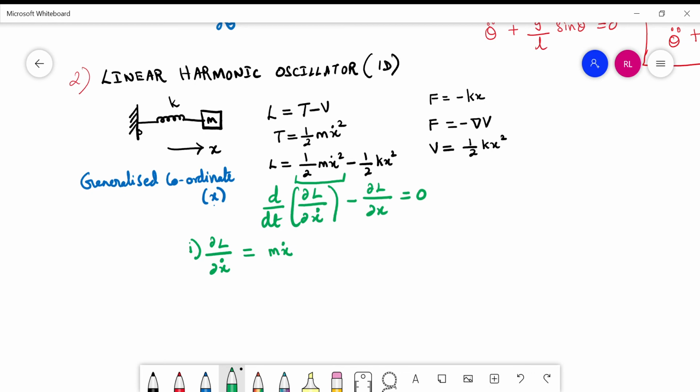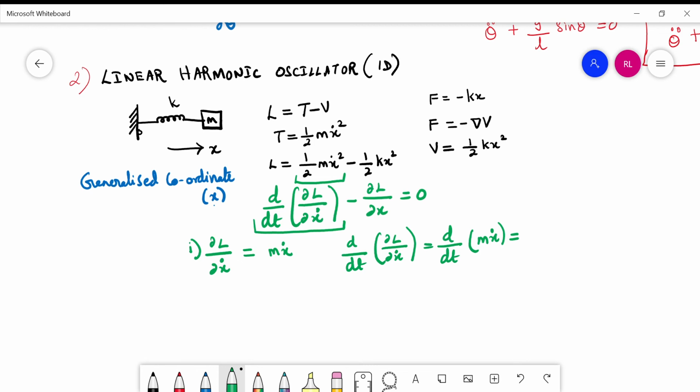Okay, and we have to find d by dt of dou L by dou x dot, which is nothing but d by dt of m x dot. M is a constant, so we need not differentiate that.